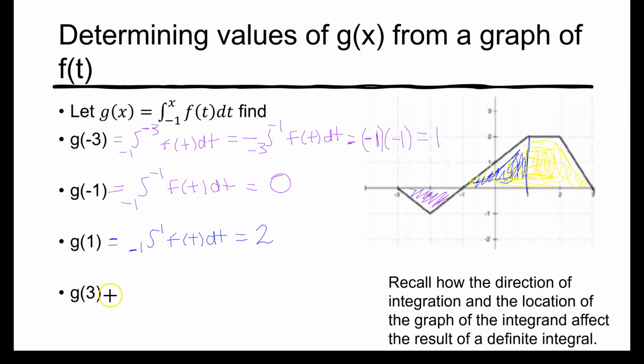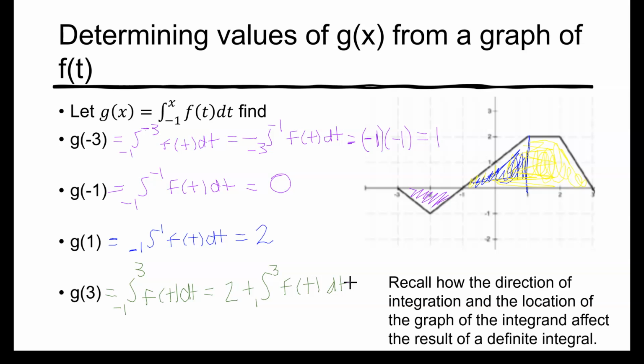So you have two ways of thinking of it. You could say that it is equal to the integral from -1 to 3 of f of t dt. Or we can say that it is 2 plus the integral from 1 to 3 of f of t dt.